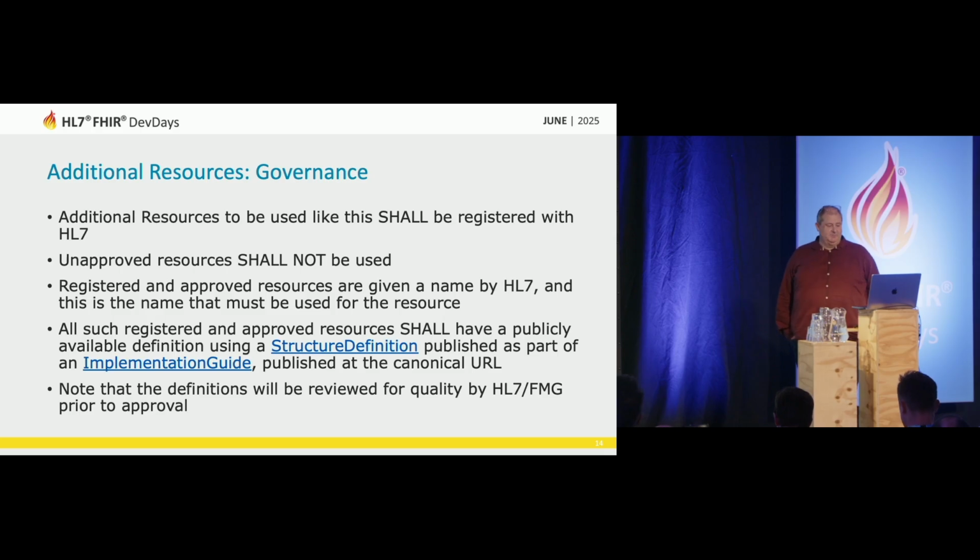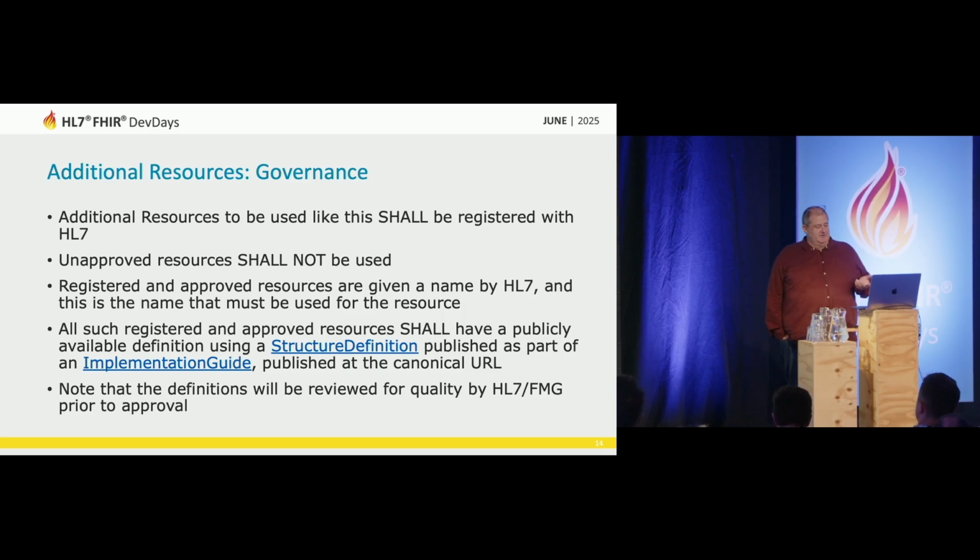Registered and approved resources are given a name by us, HL7, and then that is the name that must be used for the resource. And that name will be the name that it has when it comes into the core specification. And so it has to fit into our naming and design proposals to be part of the specification.